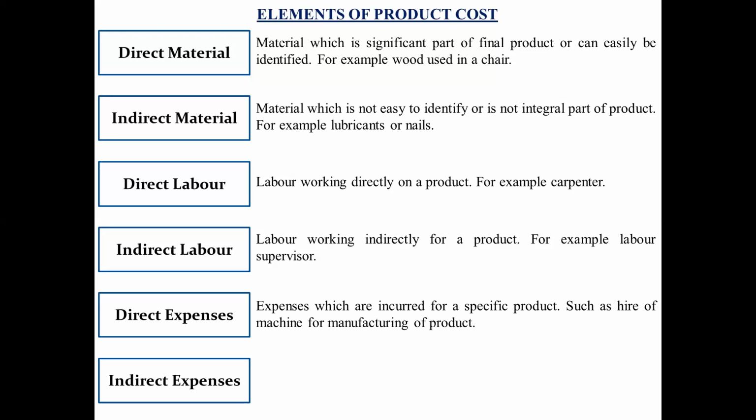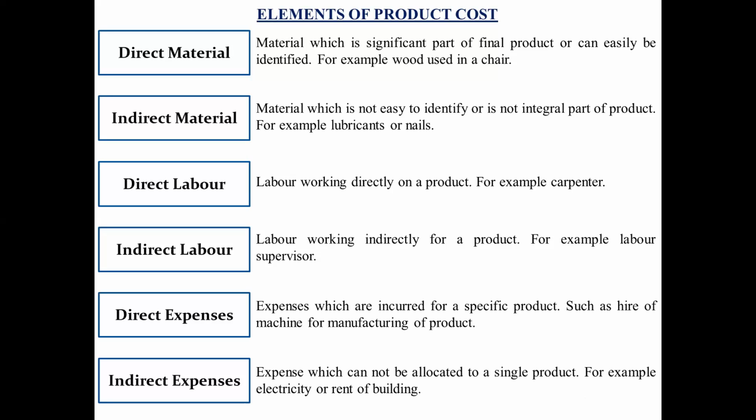So that is also apportioned using a particular base. It can be kilowatt hour or any other base. So indirect expenses are the ones which cannot be allocated to a single product, for example, electricity or rent of building. So this is the detail of elements of product cost: direct material, direct labor, indirect labor, direct expenses, indirect expenses.